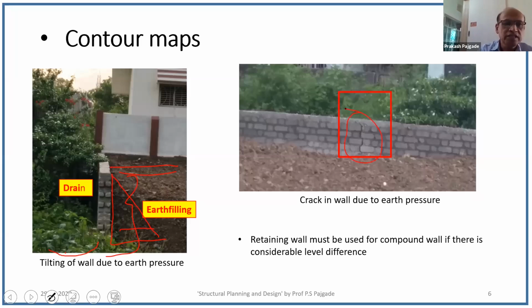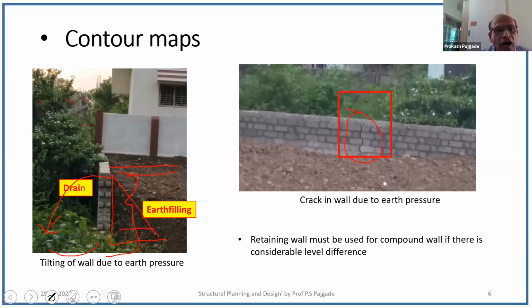Now during rainy season, there will be water pressure in addition to the soil, and in that rainy season there are chances that this wall will be easily overturned. So we must know the contour map, and depending upon the height of soil, we'll have to calculate the pressure, and accordingly retaining wall will be required.